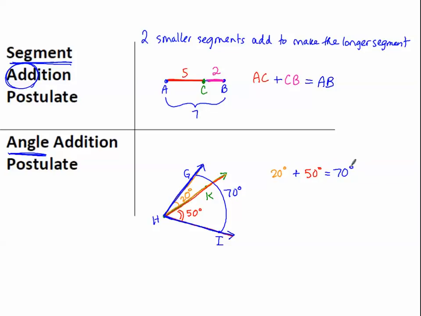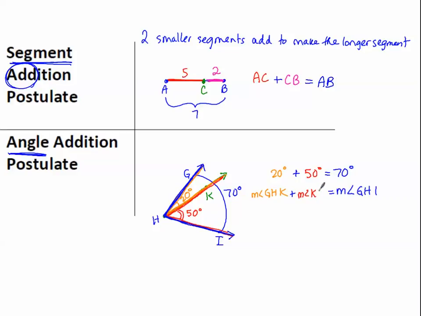How do we write that with our angle measures? Well, the big angle that we're making is called GHI. See how I trace it? So that's the measure of angle GHI. And that equals what 2 angles put together? This smaller angle, GHK. I'm saying the measure of that angle, GHK, and the angle that's adjacent to it, KHI.